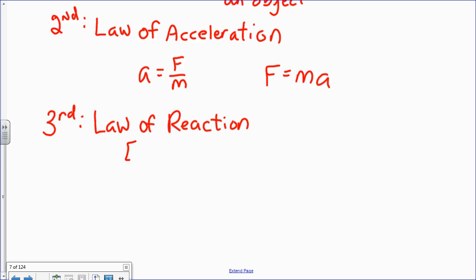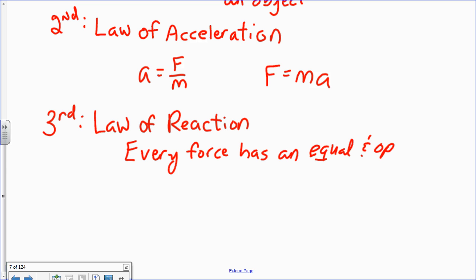It says every force has an equal and opposite force.